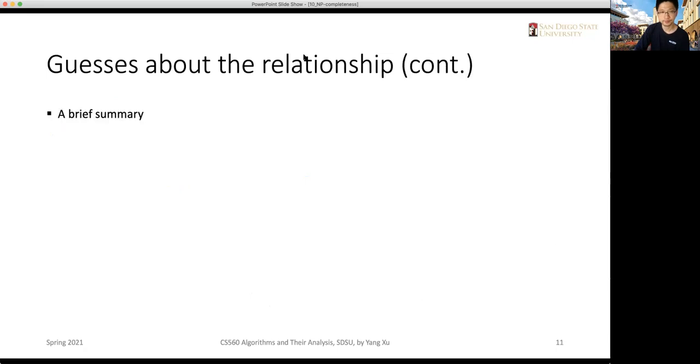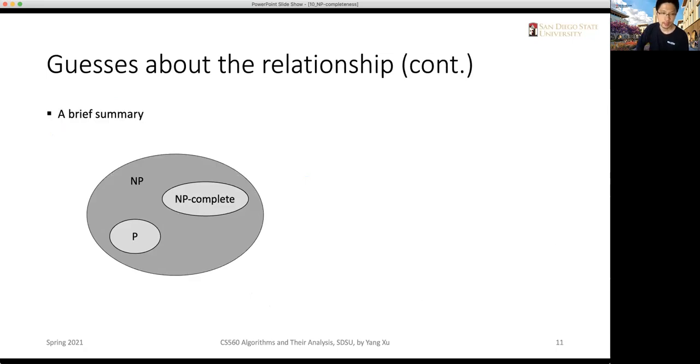Okay. All right. So we can summarize the three. If we follow this common belief, we can draw a big circle, which is all the NP problems. So that's NP in the background, all the problems that can be verified within polynomial time.